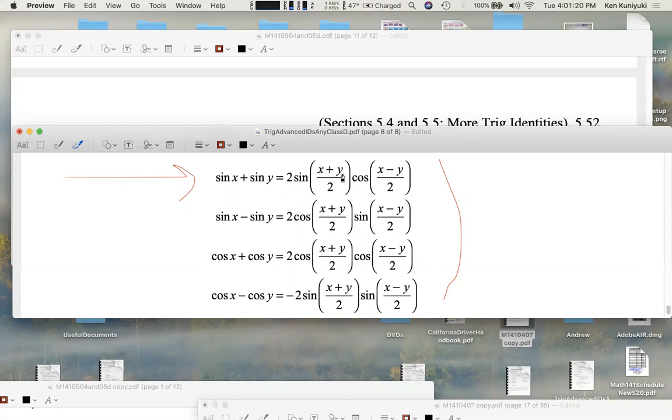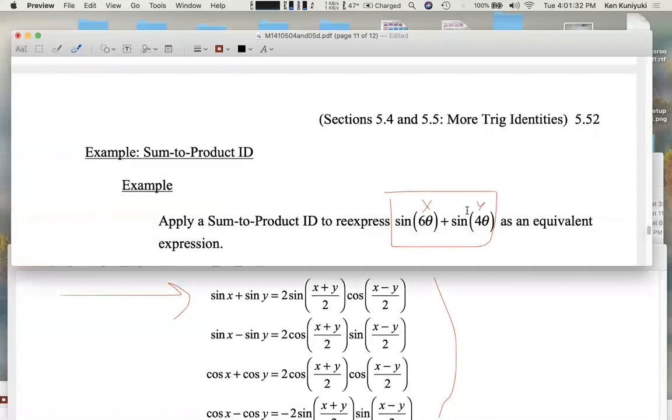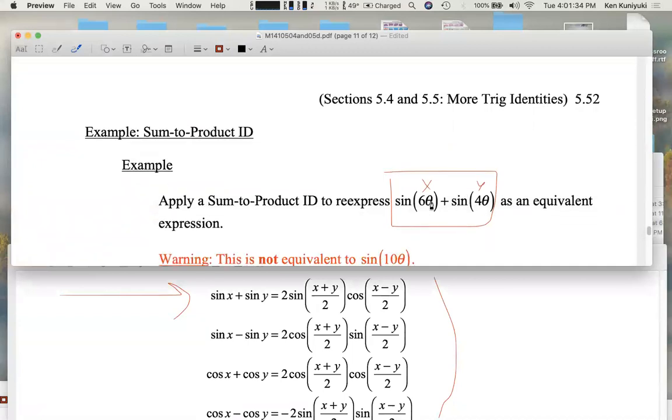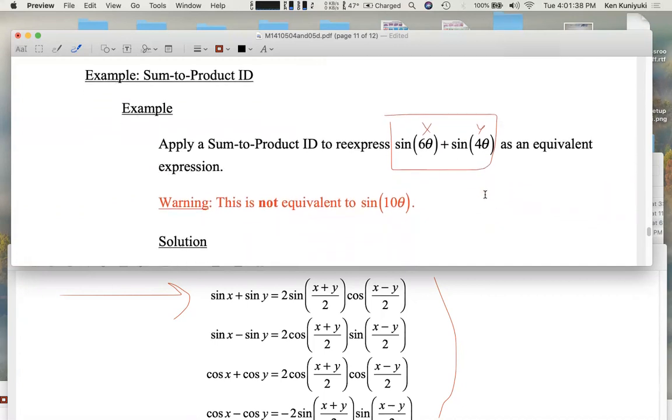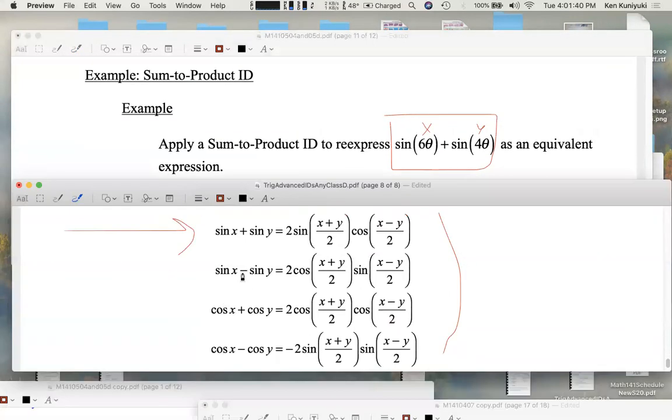They're equivalent, right? And again, for cosine, even though x minus y and y minus x are opposites, cosine is even, so it doesn't care. So you could switch these. But here, let's call 6 theta x and 4 theta y. And for the templates with the minus sign, it does matter who's who.